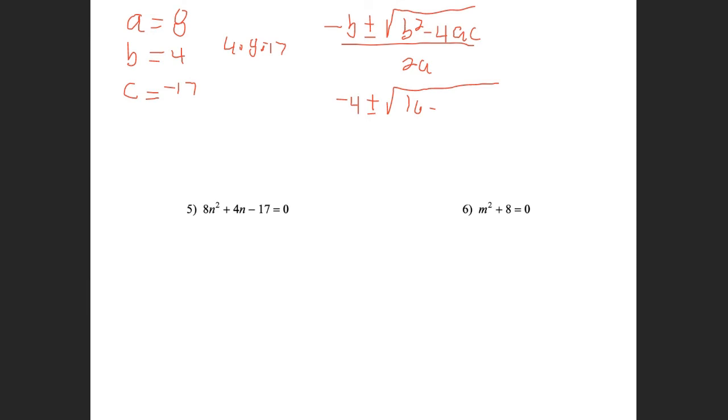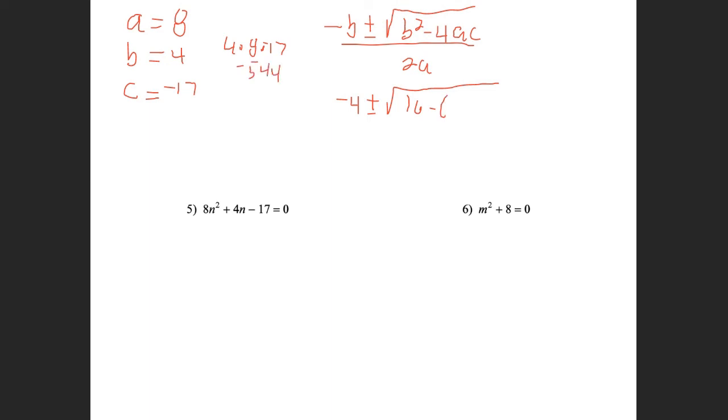So I've got 4 times 8 times -17. So that is, oops, I don't know if my calculator did it right because it didn't give me a negative, but I know that it has to be negative. Okay, I'm just going to multiply it again. 17 times 4 times 8. Okay, so that's going to be -544.